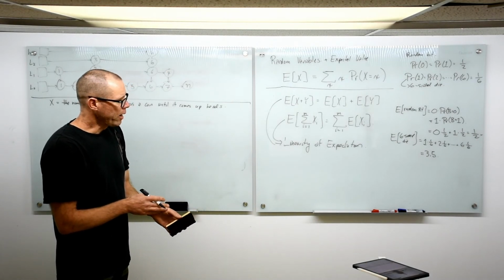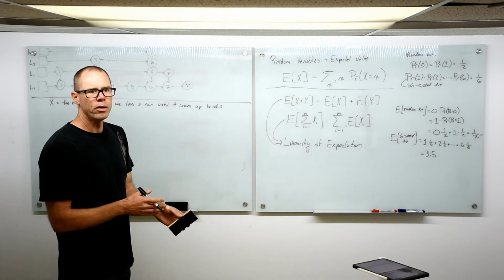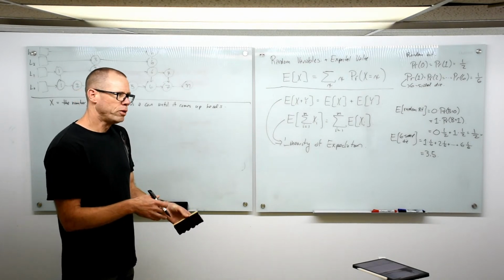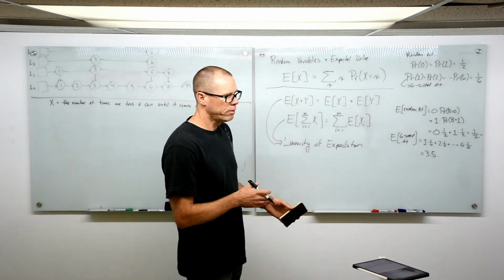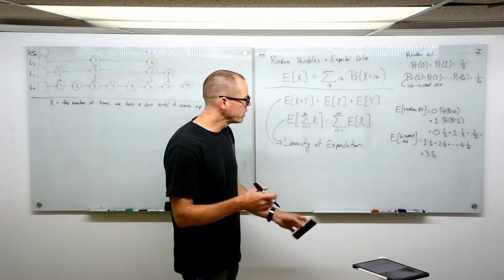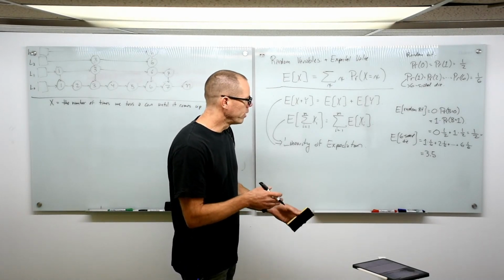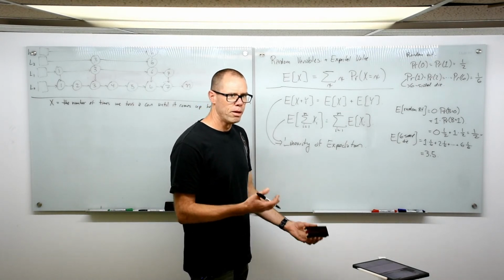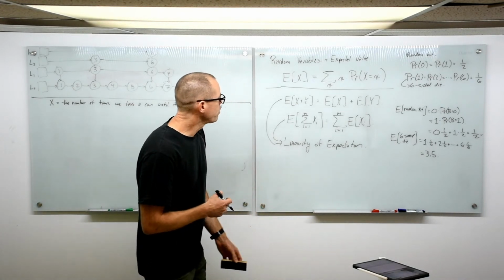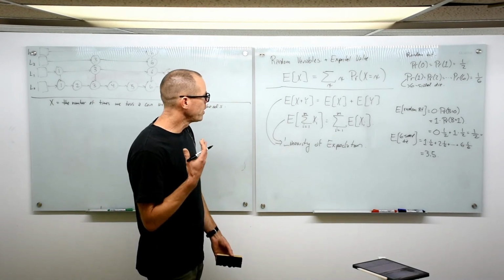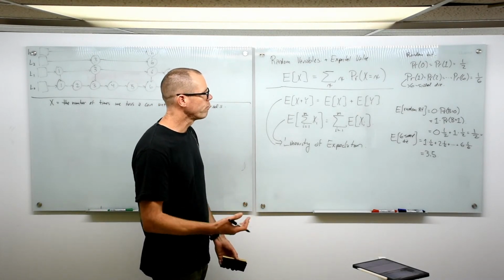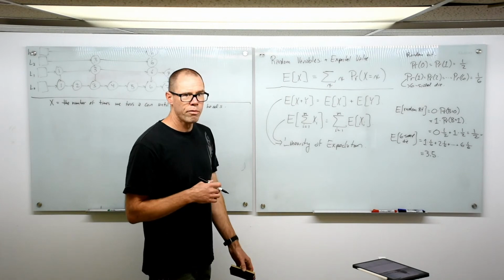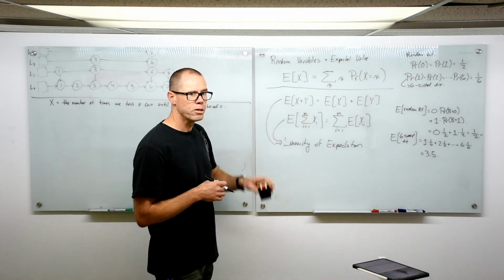It's a sort of random integer because if we do this experiment different times, we get different numbers, and we'll see that we get various numbers with various probabilities. So that number of coin tosses until we get the first head is a random variable. So we can ask about its expected value.